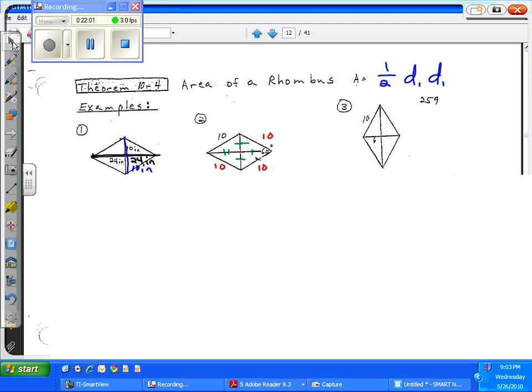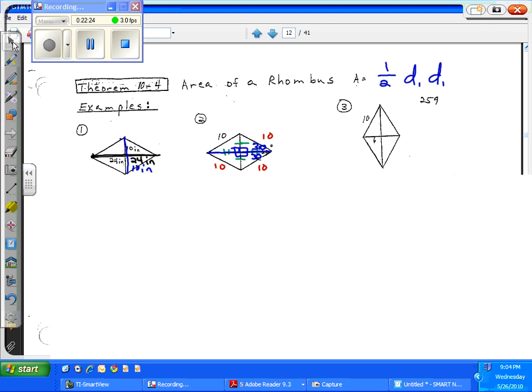That's from all parallelograms. The diagonals are perpendicular. That's special for a rhombus. Each diagonal bisects a pair of opposite angles. That angle was 60, so both of these are 30. That's special for a rhombus.